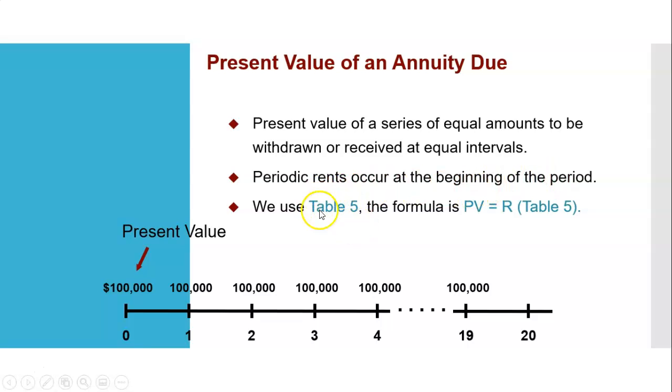We do have a table for the present value of an annuity due: table 5. The formula is present value equals R times table 5. Here is an example where we have $100,000 rents at the start of each period for 20 years, and we want to know the present value.